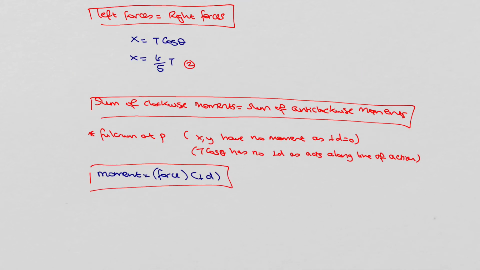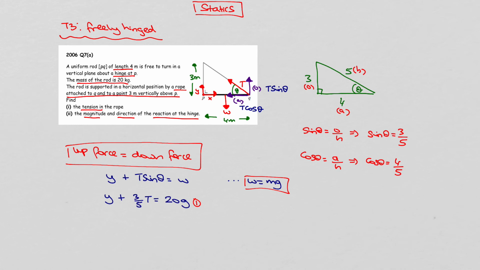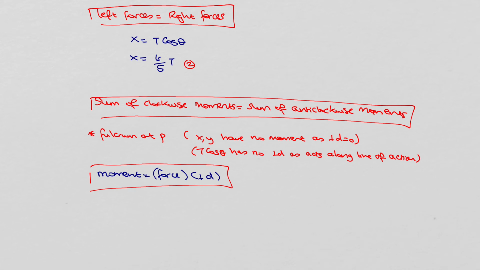Because our moment is our force by our perpendicular distance, if I look at W, I can easily work out my perpendicular distance here. I can see it's going from halfway along PQ, in other words, from the center of the rod, which is going to be 2 meters away from P, because the rod length is PQ. So therefore the force is W, and the perpendicular distance is simply 2.